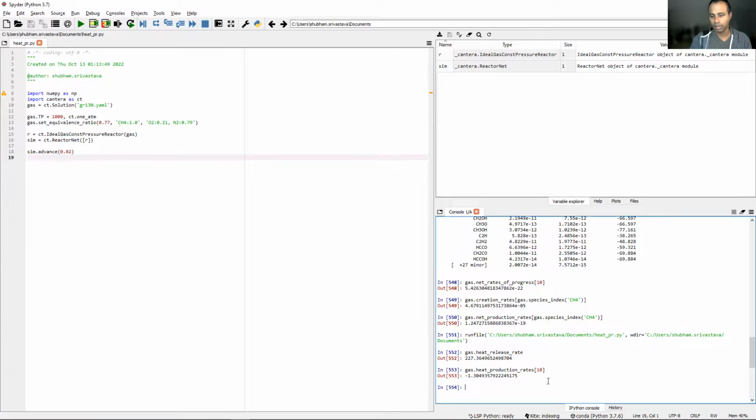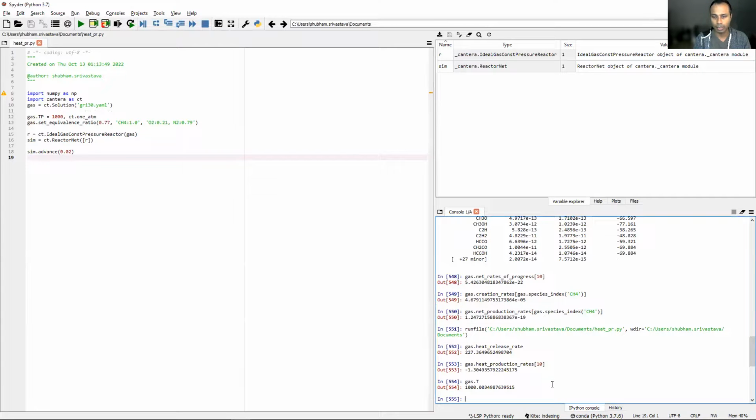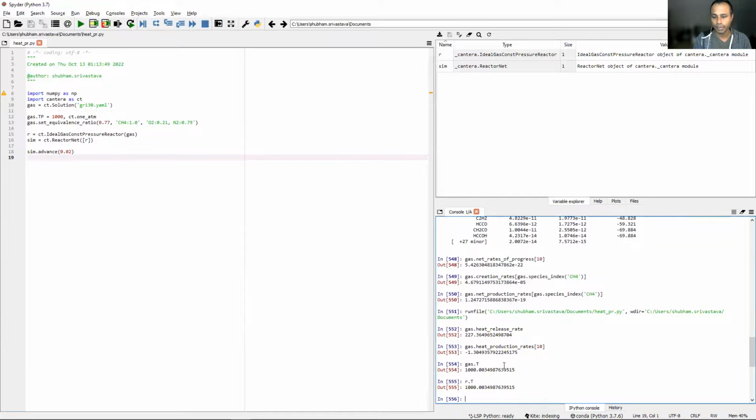So this tells us that at this instant, at the particular temperature and pressure, and what is the temperature right now? gas.T, oh sorry, r.T, or the same thing. At this particular point, reaction number 11 is an exothermic reaction. It's a negative number, so the heat is being released.